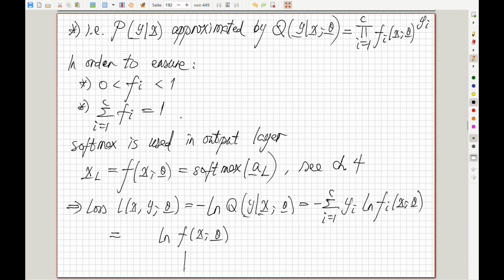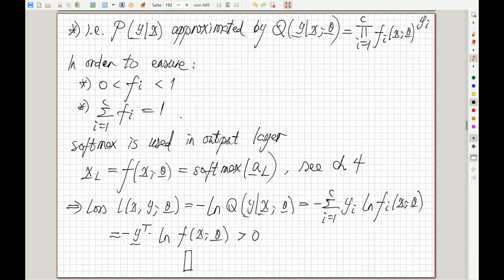This is a column vector, and this is nothing else than the scalar product of the class label in one-hot coding y times the log of the output, with a minus sign. And this is always positive, because the probabilities are between 0 and 1, and the log of a number smaller than 1 is always negative.